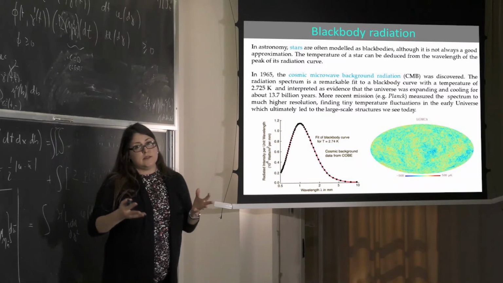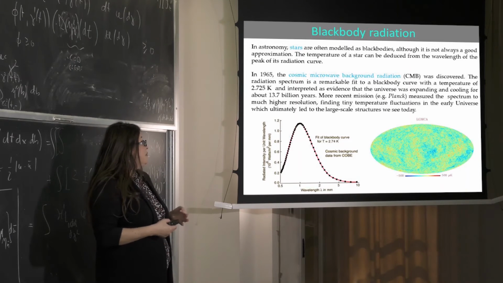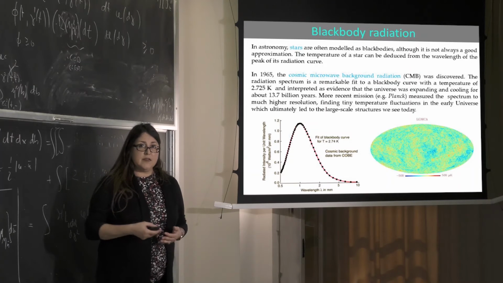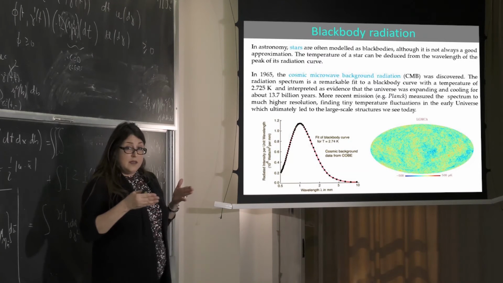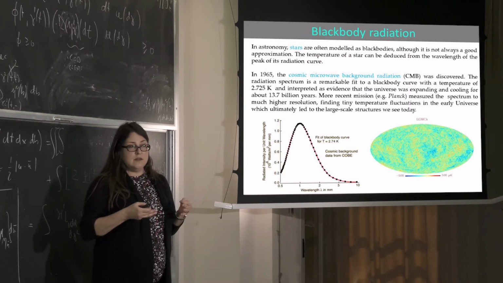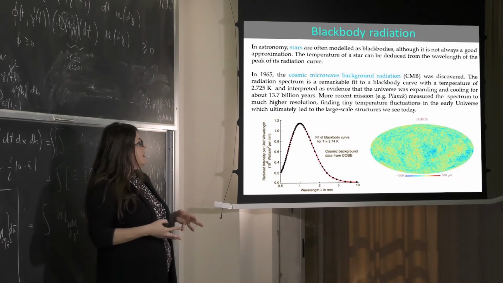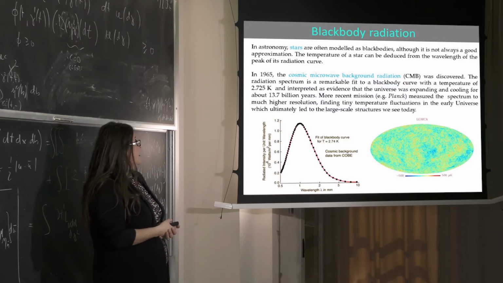The fact that the relic radiation from the Big Bang is a perfect black body, which was also confirmed by further experiments like Planck and WMAP, can be interpreted as the proof of the Big Bang, as the evidence that the universe has been expanding and cooling for more than 13 billion years.